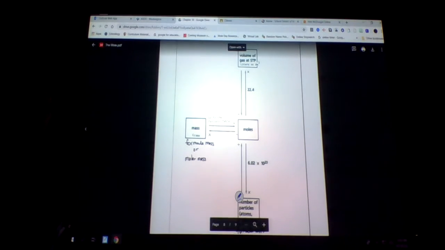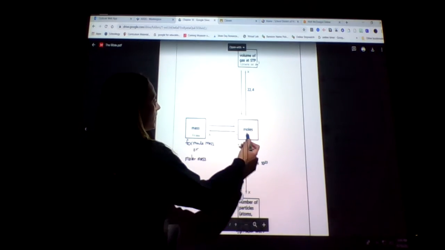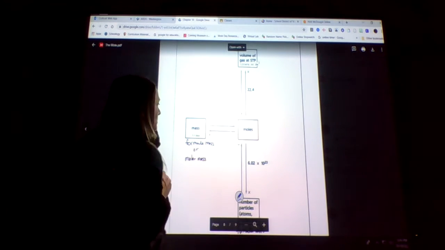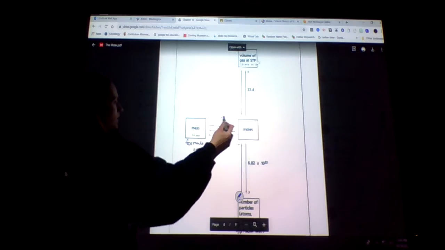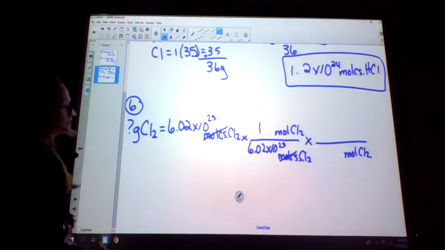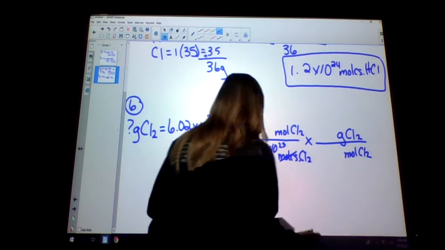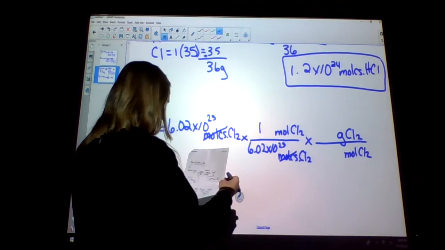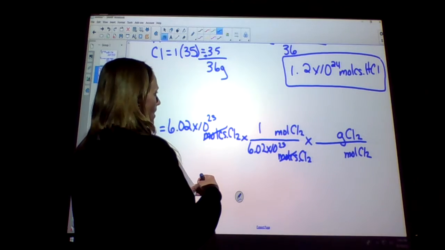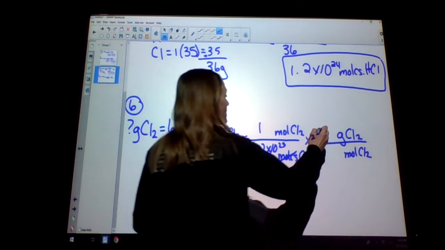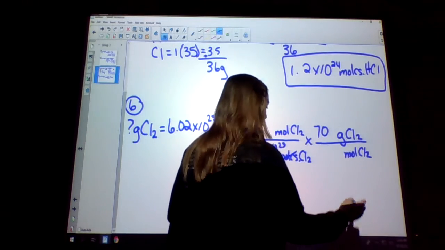Let's go back to our mole diagram, the map, and we're going to go moles to mass. That means mass is going to go in the top, and we go to the periodic table to find our mass. Diatomic chlorine has the mass of 35, so we're going to take 35 times 2, and that's going to give us 70 grams.